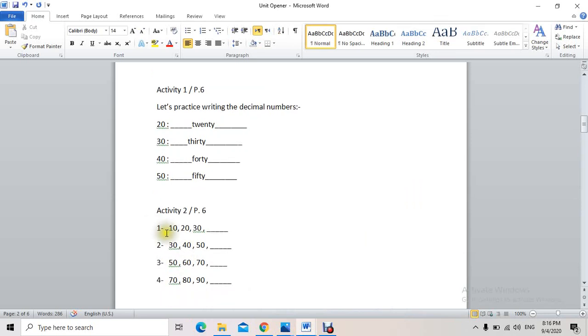So, 1, 10, 20, 30, and then you have to name the number that is missing. 2, 30, 40, 50. Which number is missing? 3, 50, 60, 70. You have to guess it. 4, 70, 80, 90.